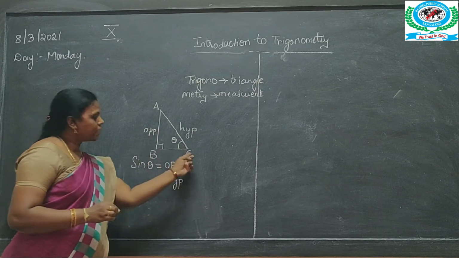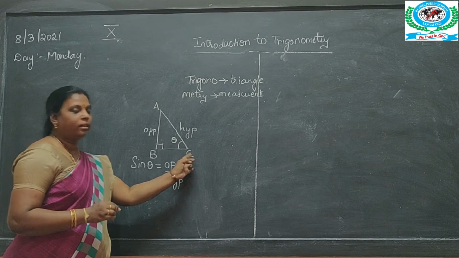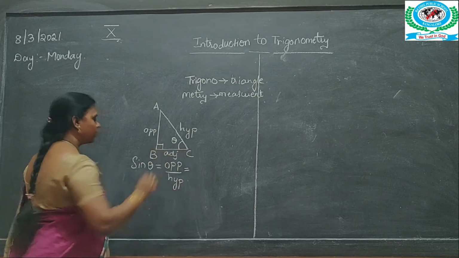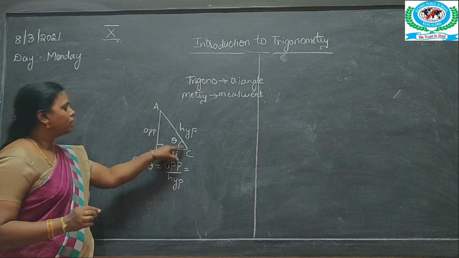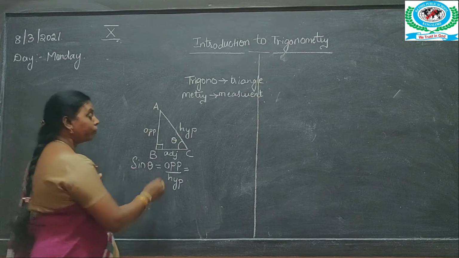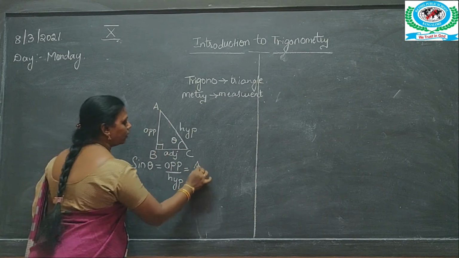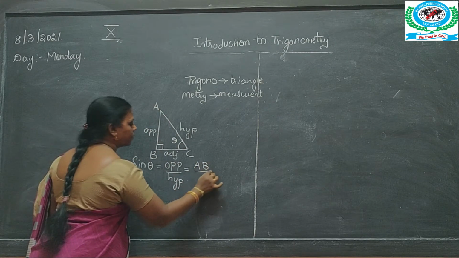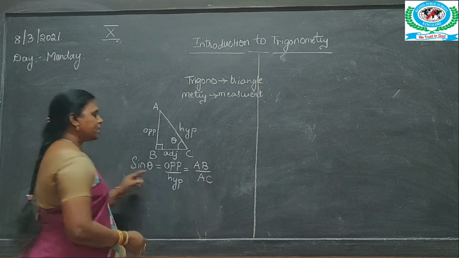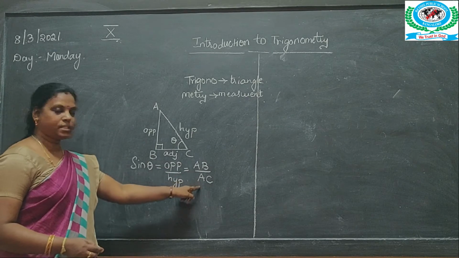The line which is attached to theta is called the adjacent side. So sine of theta is opposite by hypotenuse. The opposite side is AB and the hypotenuse is AC, so it is AB by AC.